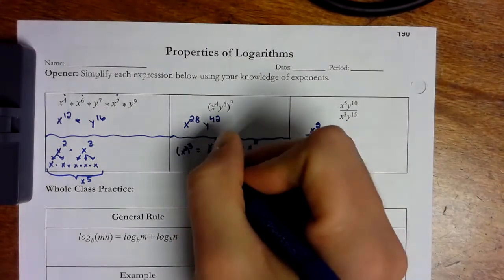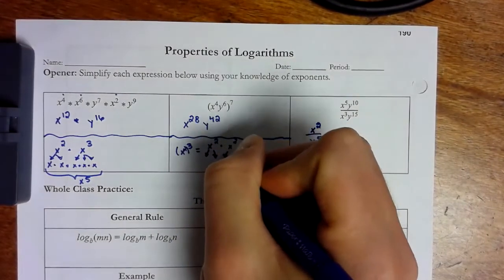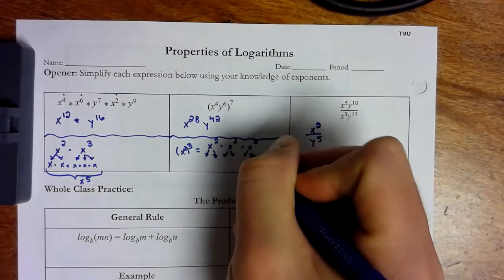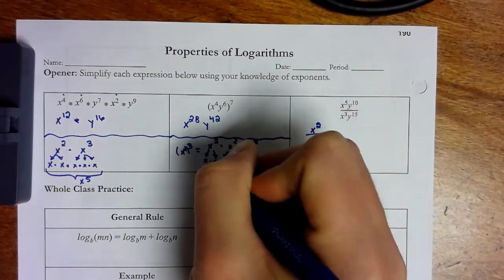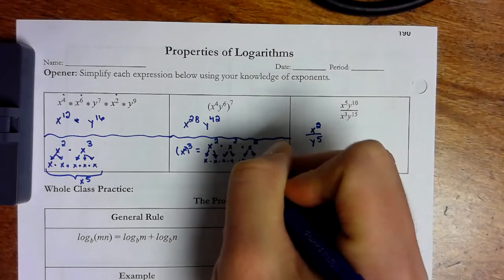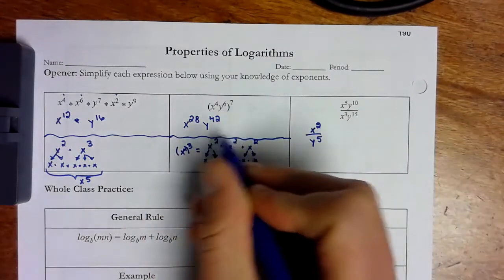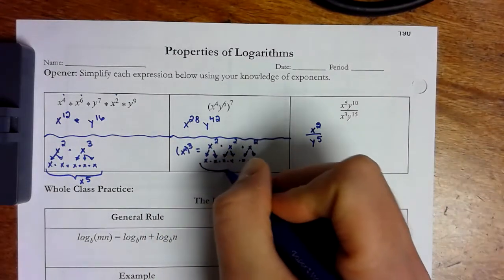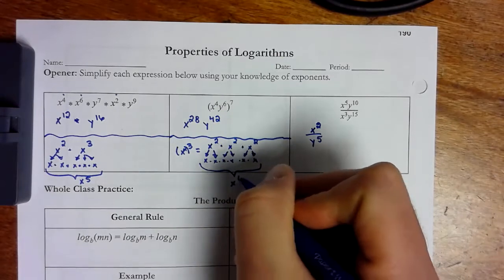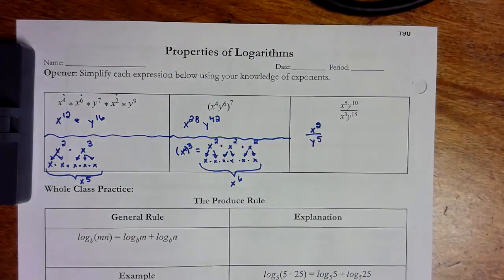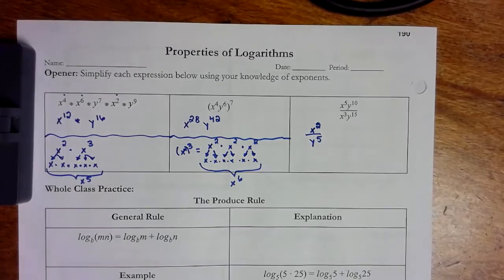And then when we break down what x squared is, it's x times x, and we have that 3 times. So x times x times x times x times x times x. How many total x's do we see? That would be 6. So x to the 6th. So an exponent raised to another exponent, we want to multiply.